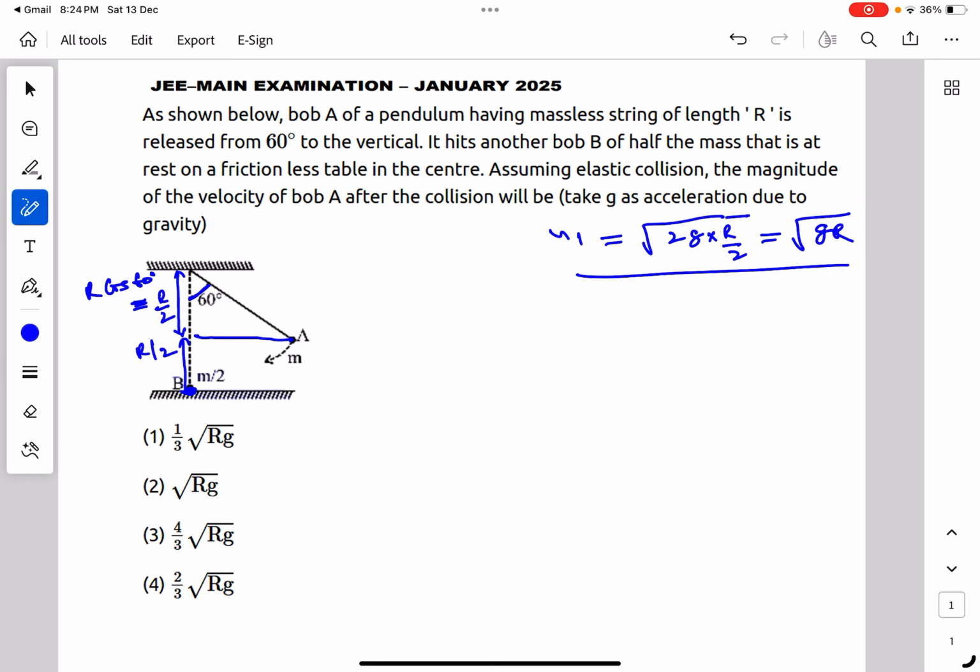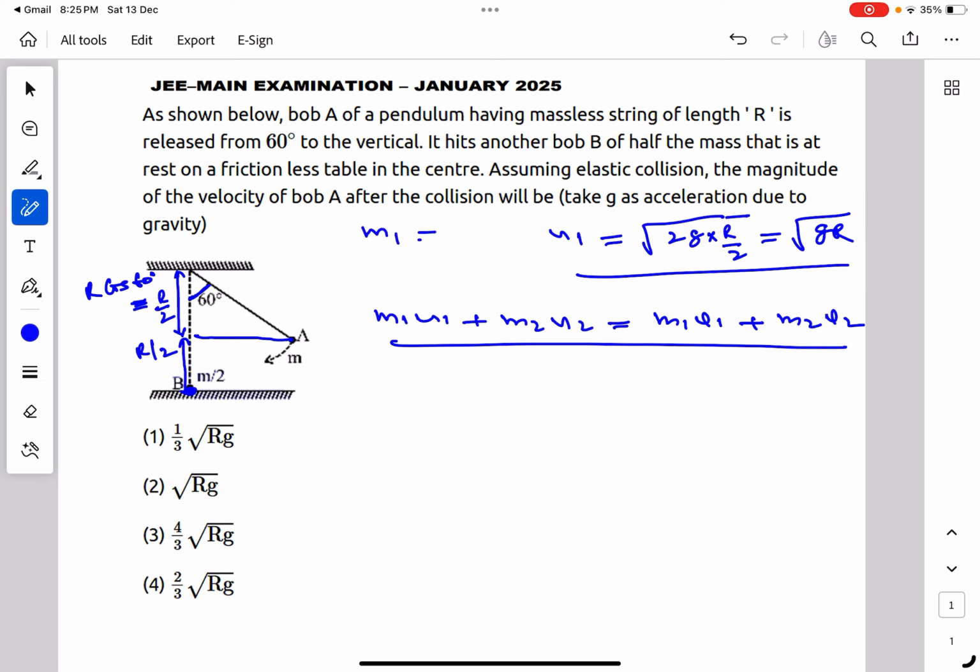Let's use conservation of momentum during the collision between bob A and bob B. So therefore m1 u1 plus m2 u2 would be equal to m1 v1 plus m2 v2. Let's assume mass of bob A is m. So therefore mass of bob B would be equal to m upon 2 and initial velocity of bob B is 0.